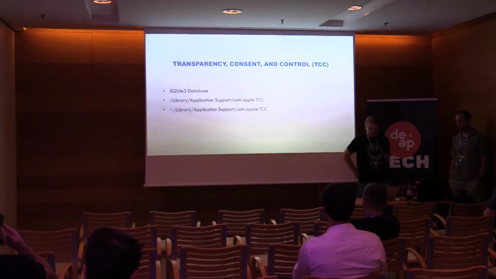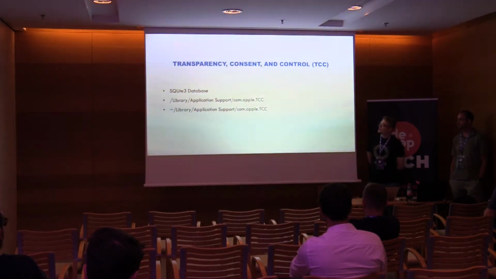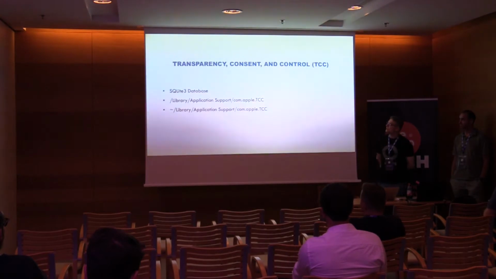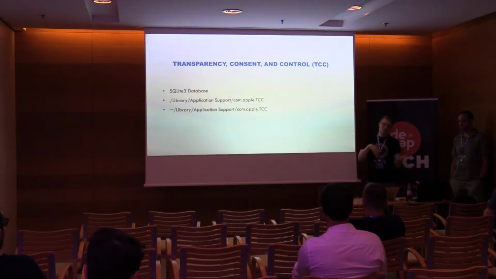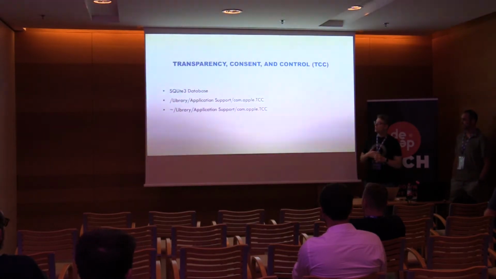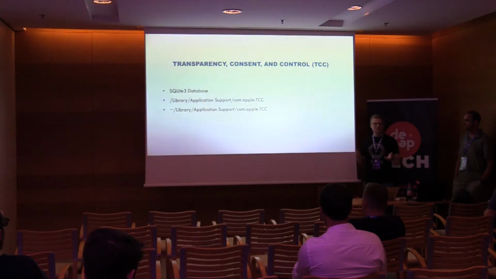And from our security people perspective, an SQLite 3 database is under the hood. So all the permissions you grant or refuse are stored in an SQLite 3 database. That's very important. There is one global database for the system TCC that will care about global permissions, like for example full disk access.